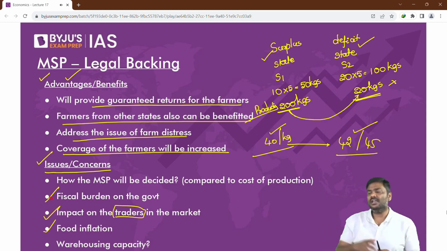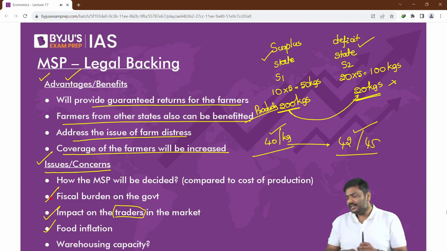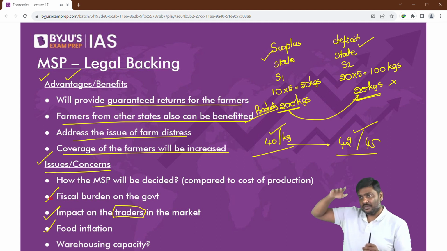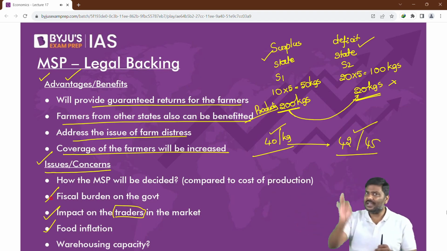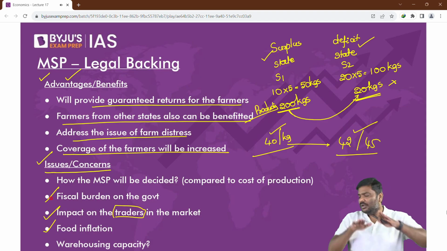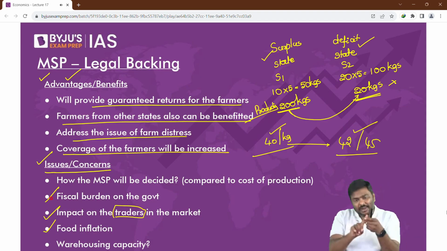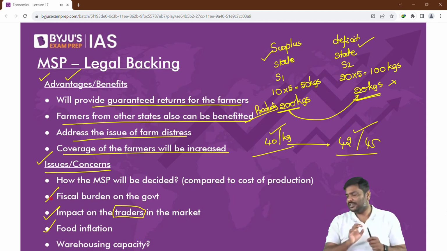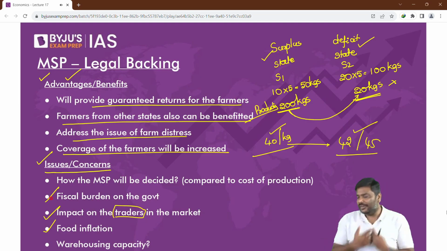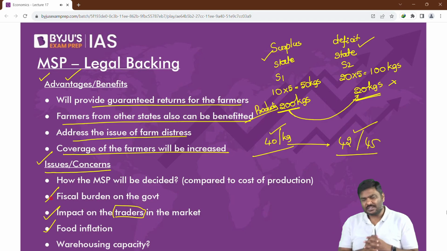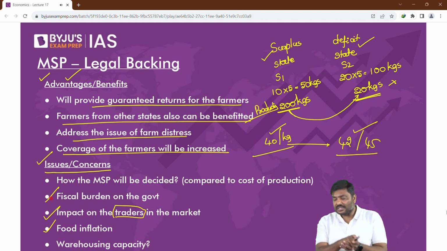In fact, please understand this. Right now itself, there is always a concern that whenever government increases MSP, it might have an impact on inflation. You can check it. RBI governor has stated this a couple of months ago. Whenever government increases MSP, it might lead to certain impact on inflation. How so? If government will increase MSP, farmers will sell more of their crop to government of India. All of you are okay with this? I'll repeat it again.